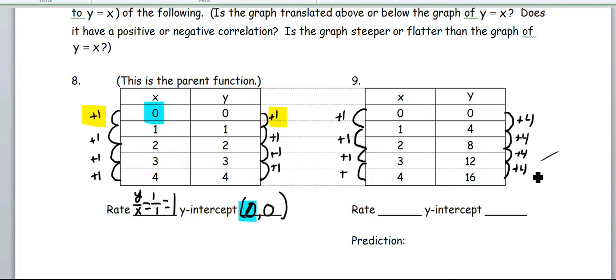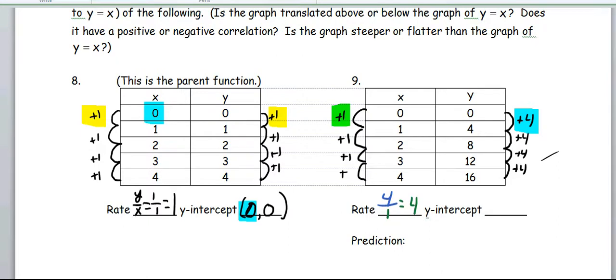I'm going to add 4. Now, when I look at this, I need to do y over x. So I'm going to put in my y, this one is 4, over my x value, which is 1. Well, 4 divided by 1 is 4.